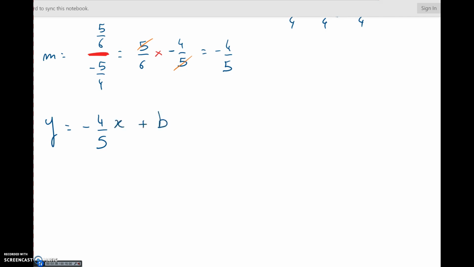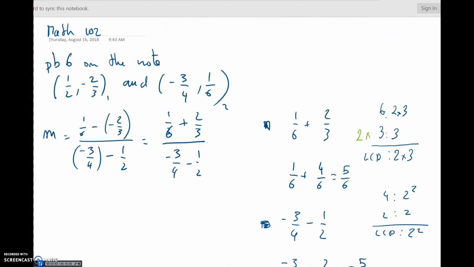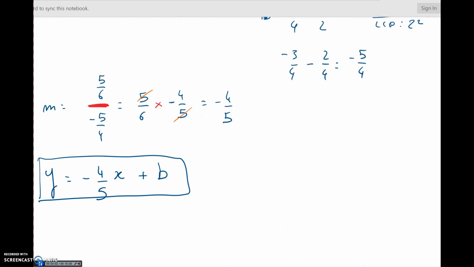So the big idea is once I have the slope, I need to find b. You with me? Okay. So how to find b? Well, what I like to do is remember that this line is going through the 2 points, 1/2, negative 2/3, and negative 3/4, 1/6. What does that mean? That means the points will be on this line.